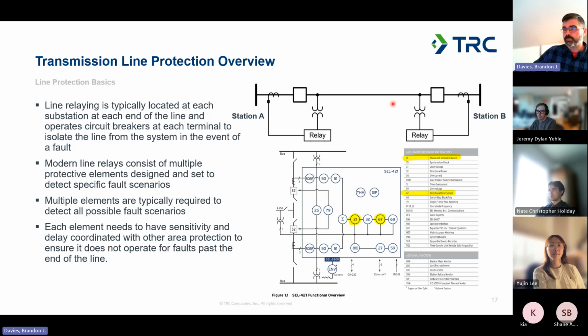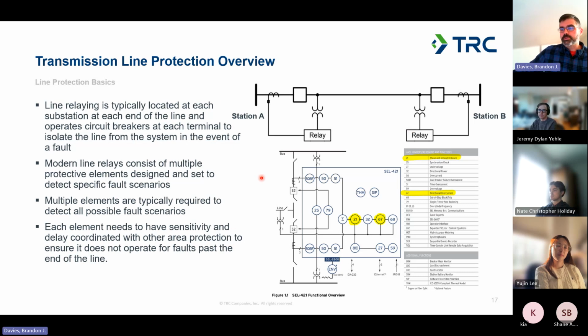So the transmission line itself, this tens or hundreds of miles long line, is going to terminate at 2 substations, and we're going to have our relays at either end that will use electrical parameters, so measured currents and voltages, to help them make a decision if the conditions they're seeing on the system are fault conditions or are normal operation conditions.